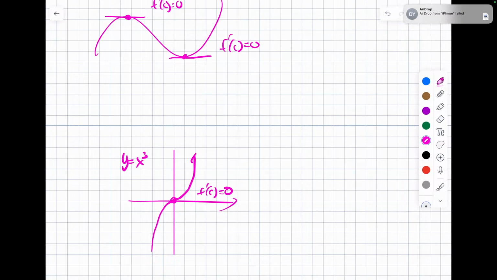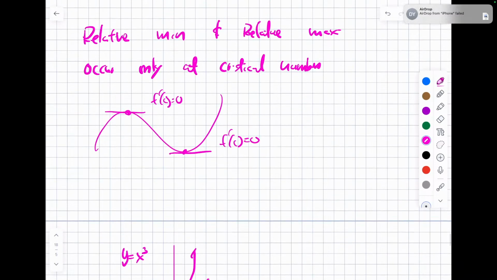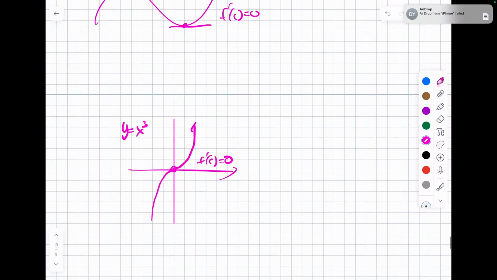I don't know if you ever heard that term before. So if you have a minimum or maximum, it must mean f prime of c is equal to 0 or f prime of c is undefined. But if you have f prime of c equal to 0, it doesn't imply that's a maximum or minimum.